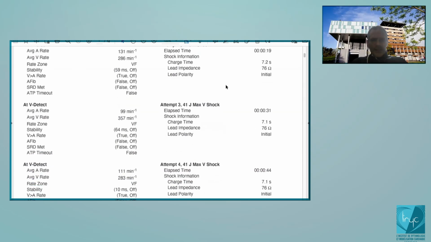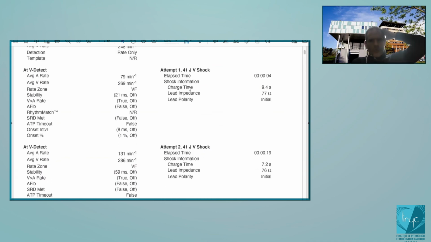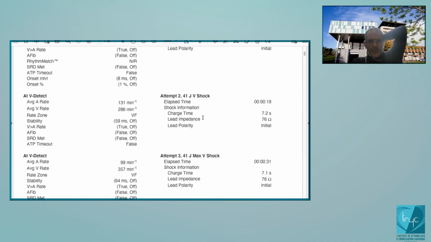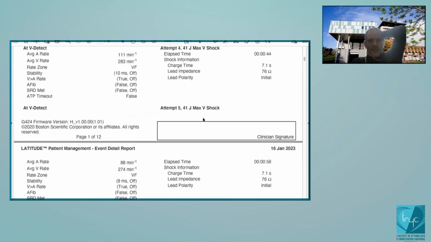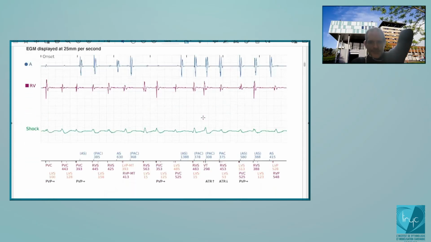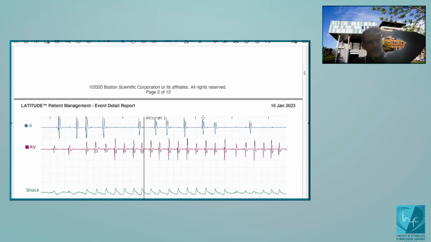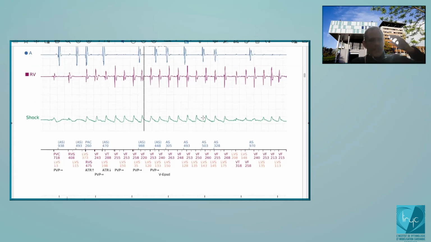What do you think here? So you see 1 episode, shock, shock, shock, shock, shock, shock, shock, shock. 5 shocks will be delivered. So how does it work here? Once more, you see VF, VT, VF, VF, VF, VF, VF, VF. On these cycles, the initial 8 out of 10 is verified for the VT zone. On the next one, it's verified for the VF zone.